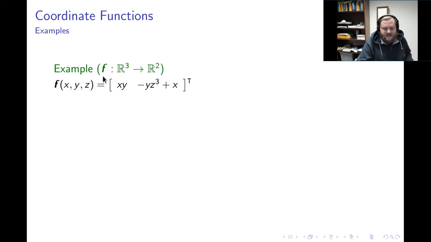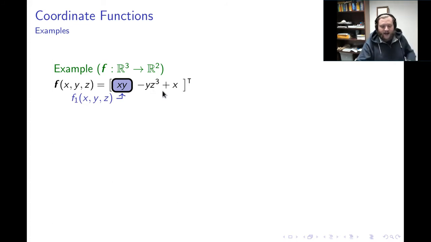So here's an example. Here I'm looking at a function from R3 to R2. That means that this function accepts 3 inputs and has 2 outputs. So the inputs into this function I'm calling x, y, and z. And so what are our 2 outputs here? Well, my first coordinate function is x times y. So I'm going to call that f sub 1.